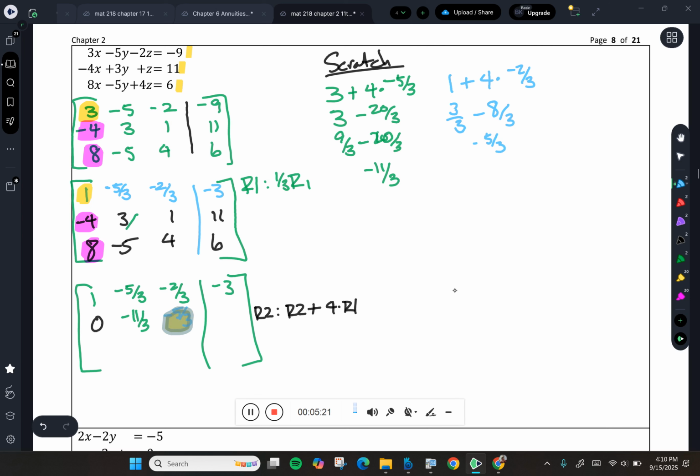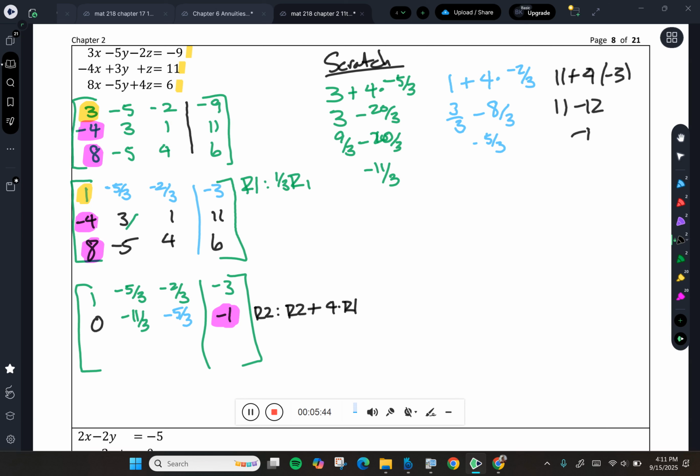Now I need to find this constant. Again, scratch work: it's the old row 2, which was 11, plus 4 times row 1, which is negative 3. So it's 11 minus 12, so negative 1.